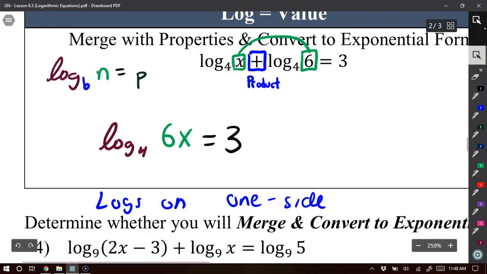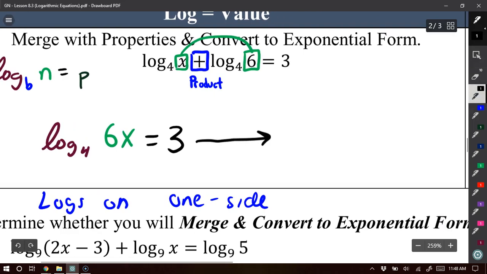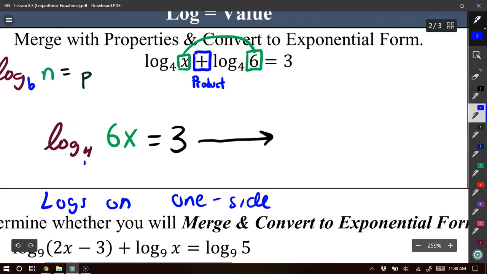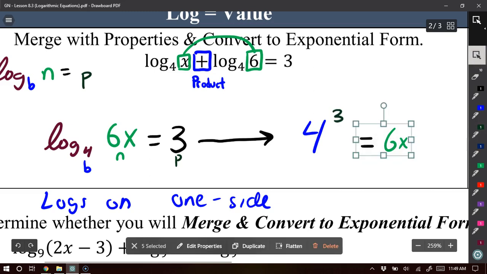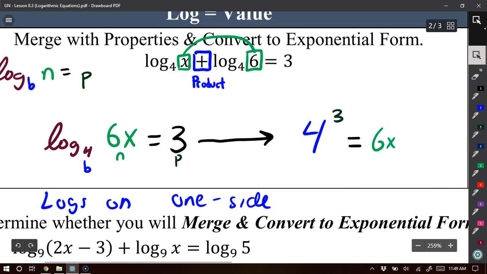When I see the word log, I think of it as, what power of 4? 4 is my base. What power of 4, I don't know this power yet, gives me my number, 6x? Well, it tells me the power is 3. So 4 cubed equals 6x. I can solve that.